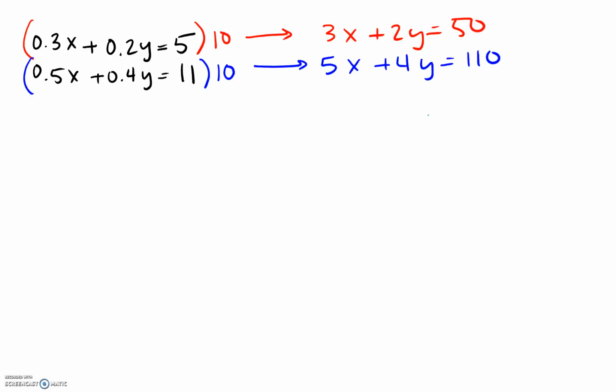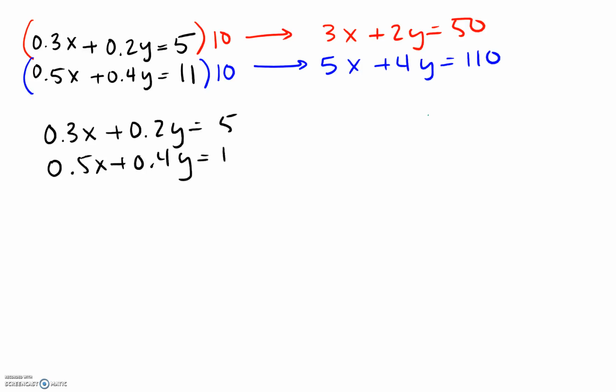Alternatively, you can embrace them sort of like we did before. We could have also just said, okay, if this is what we're dealing with, then we can see the easiest thing to eliminate here is going to be that y. I can make 0.2 or 2/10 into 4/10 by just multiplying through that top equation by -2, right, to make it the opposite.